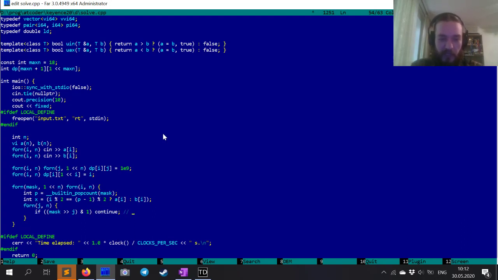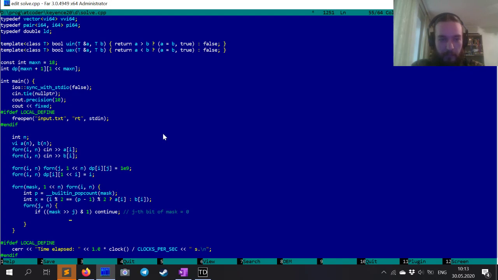So how this works, if we want to check if this is 0, we shift mask J bits to the right, then this is the same as the 0th bit of mask shifted by J. Okay, if it's 1, and the 0th bit can be checked by just taking and 1, right? So in this case we go forward.